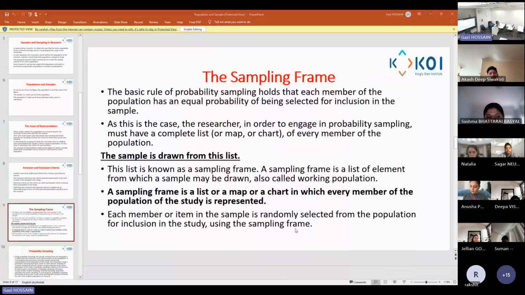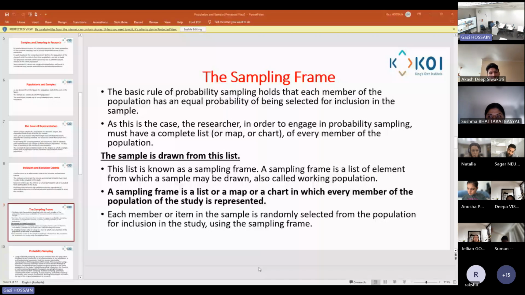From the name you can understand that when every member of the population has the possibility or probability to be the sample, then it is probability sampling. I'm saying again, when every member of the population has the possibility to be drawn as a sample, it is probability sampling.